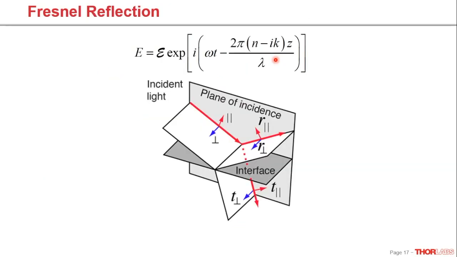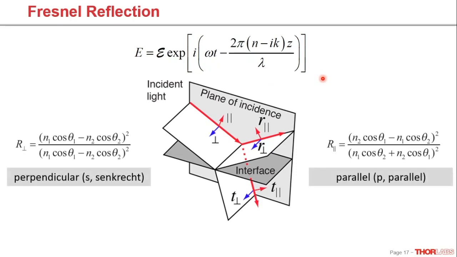So with that, we can dive into reflection. Starting with the complex expression of a linearly polarized plane harmonic wave through a homogeneous medium, with some mathematical derivation and application of Snell's law, the percent reflectance of a surface can be worked out for parallel incidence and perpendicular incidence.